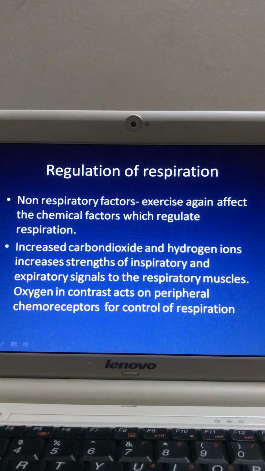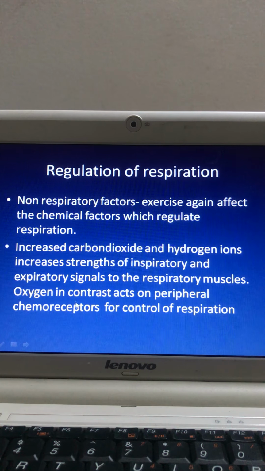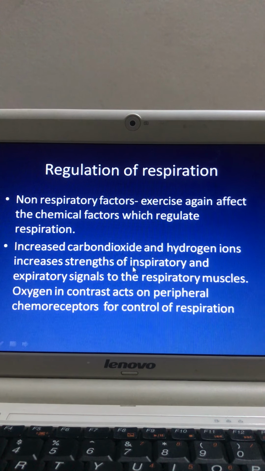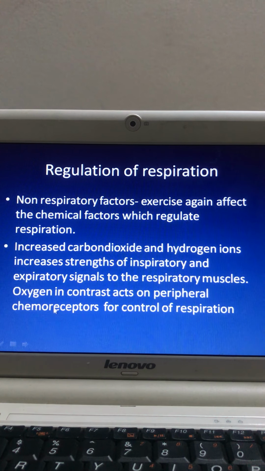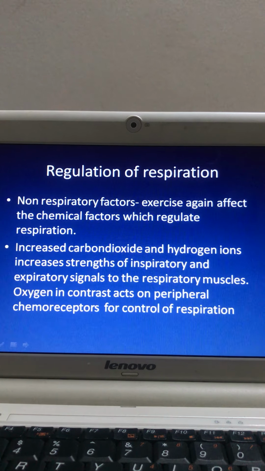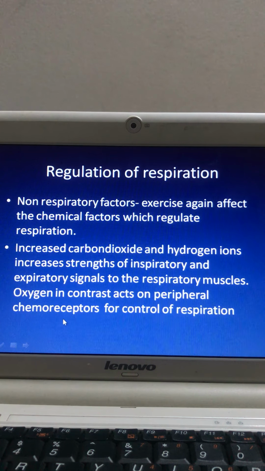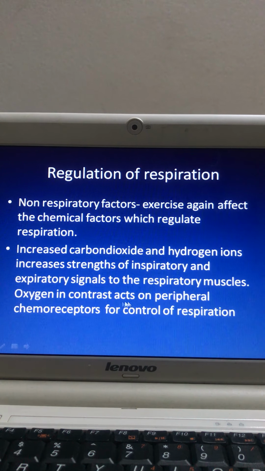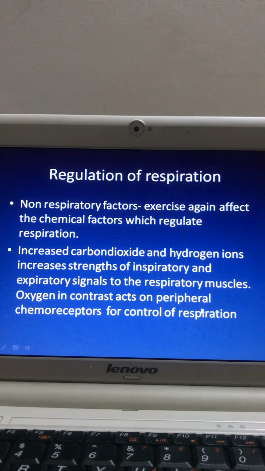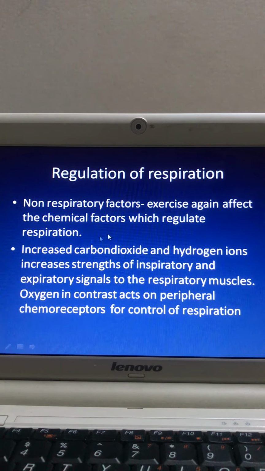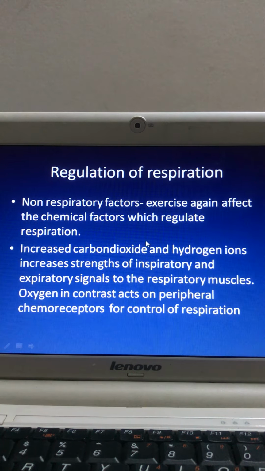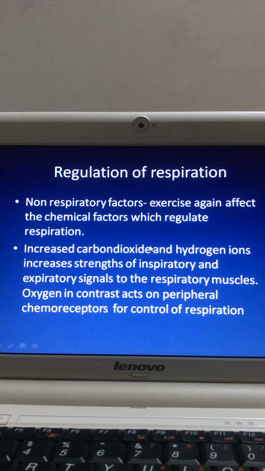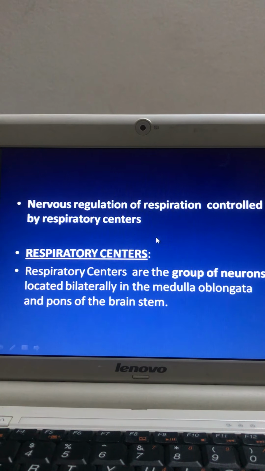Carbon dioxide and hydrogen directly stimulate the inspiratory center, but oxygen at first stimulates the peripheral chemoreceptors for control of respiration, and from the peripheral chemoreceptors the stimulation then goes to the respiratory center.